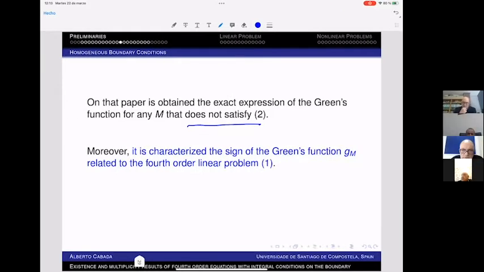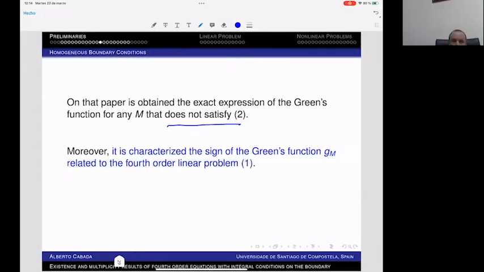In general, if the Green function has constant sign, for any boundary condition, whether positive or negative, the Green function will decrease on the parameter m.